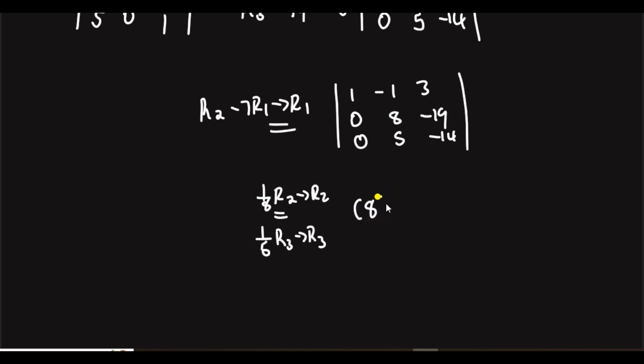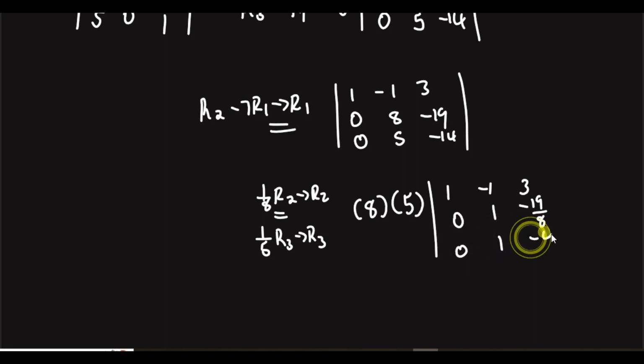So I'm going to write 8 multiplied by the 5 I took out as a common factor, and then here I'm going to have 1, negative 1 and 3, and then 0, 1, and then here negative 19 over 8, because on this row I took out 8 as a common factor. And then here I have 0, 1, negative 14 over 5.